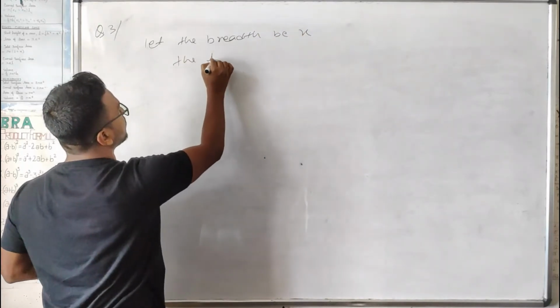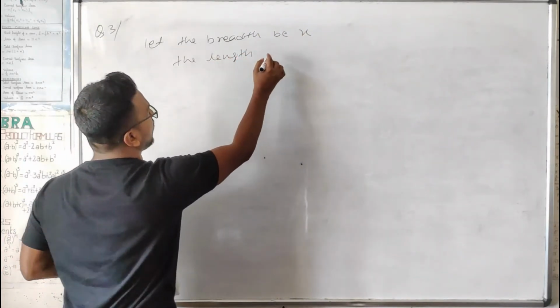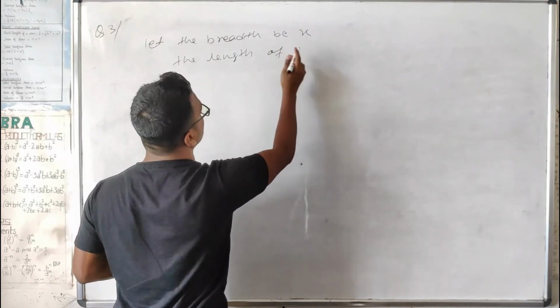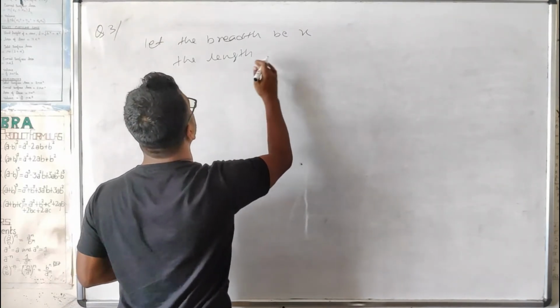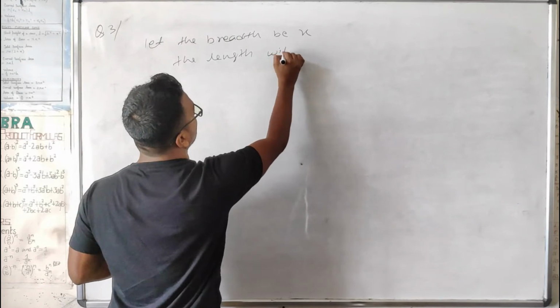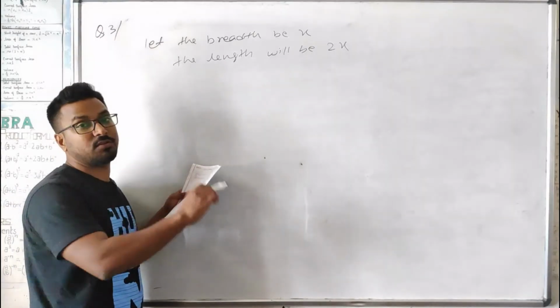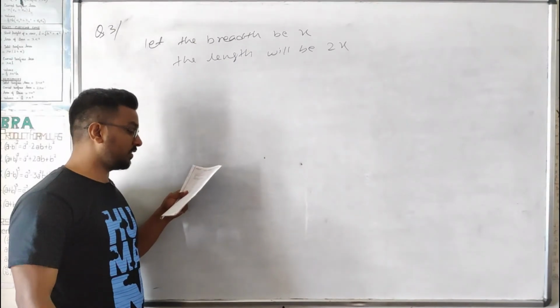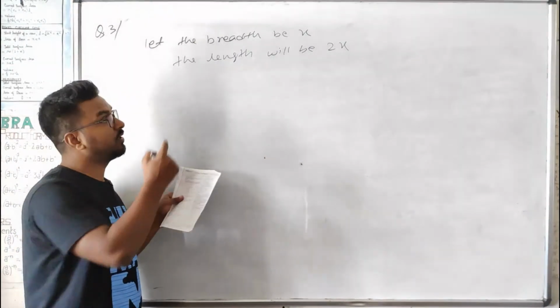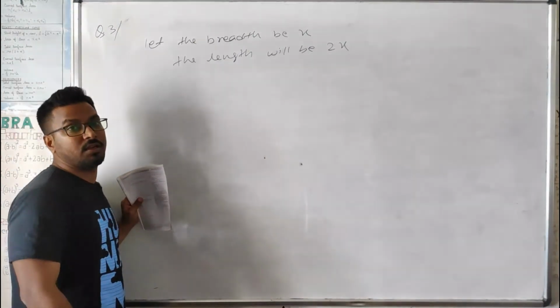The length will become how much? It is given twice its breadth. So the length will be twice x, because it is given the length is twice its breadth. So if the breadth is x, the length will be twice x.